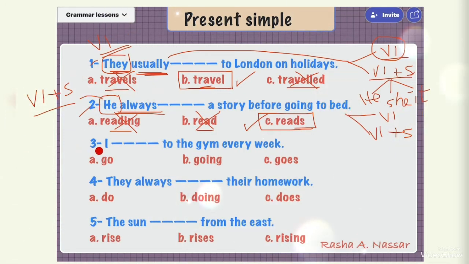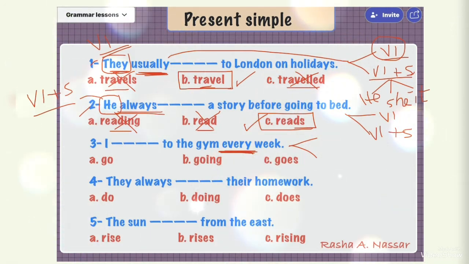It will be he always reads a story before going to bed. Number 3. I what to the gym every week? I go, or I going, or I goes. Let's see the keyword. Where is the keyword? I have here every is the keyword. And when I see every, it means that we are doing something regularly or we are repeating the action.